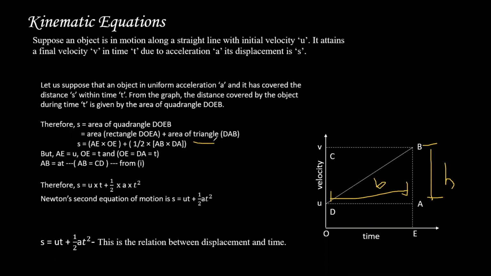So area of triangle is equal to half breadth into height. Okay, so if we add this, I'm now going to put in the values you already know.